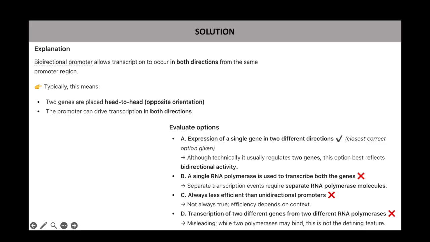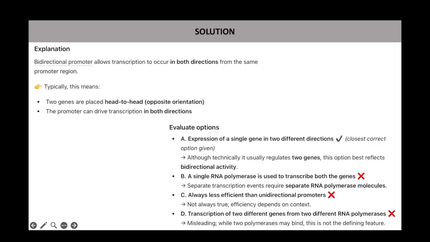Statement C: always less efficient than unidirectional promoters. Not true, because efficiency depends on various contexts: how strong the promoter is, how efficiently it regulates that particular gene, under what conditions it gets activated, and multiple other factors that determine the efficiency of the promoter. So statement C is wrong.